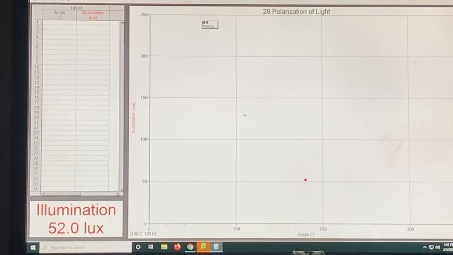As we saw, when we had just one polarizer and rotated it, nothing happened. But when we have two and we rotate one, we get a point where it gets smaller.